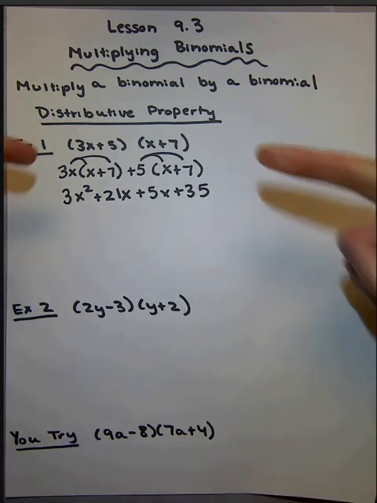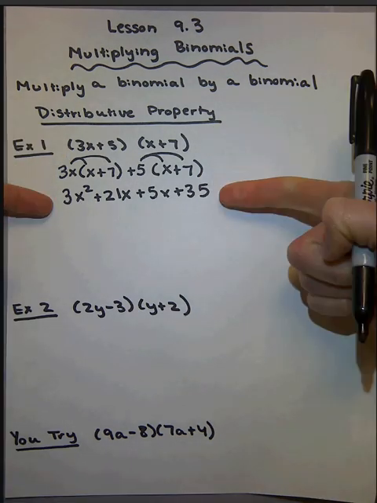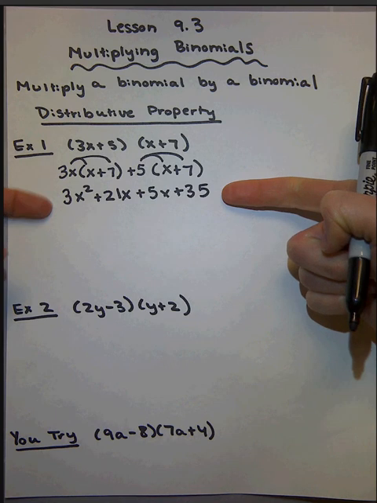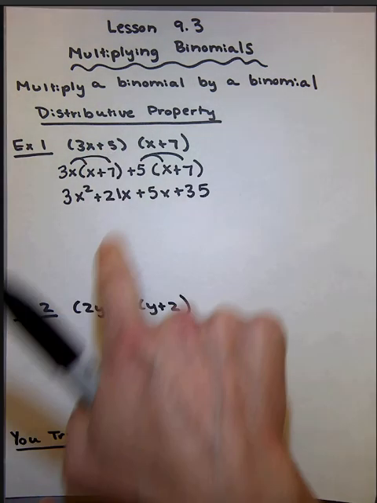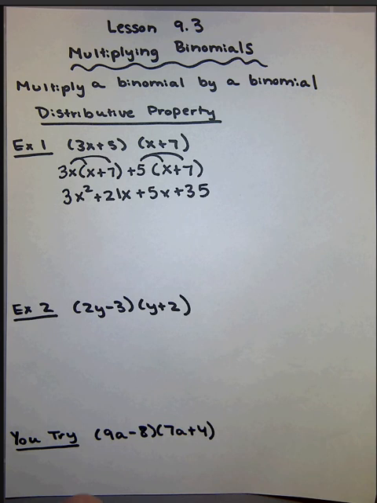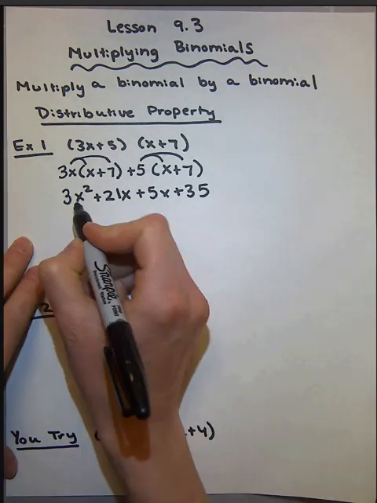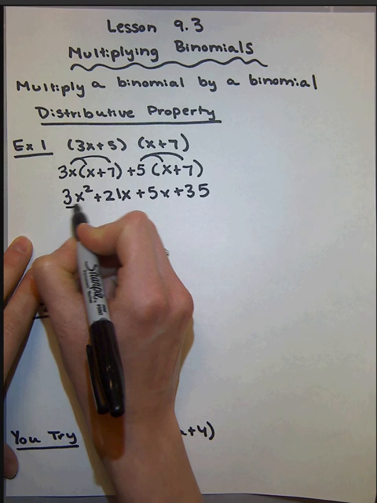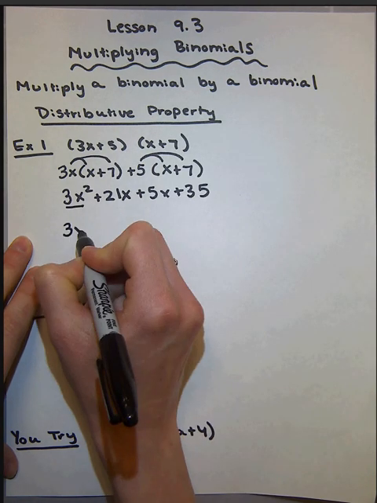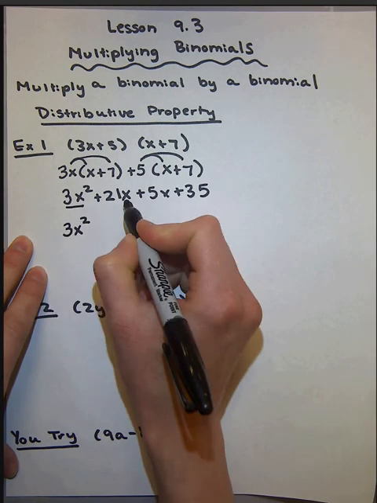So I've gone from my factored form to my expanded form using the distributive property. I've multiplied a binomial by a binomial. But I'm not done, because now I have to say, well, are there any like terms I can add up? So I see an x squared here, but that's my only x squared, so I just drop 3x squared. Now I have two x's.